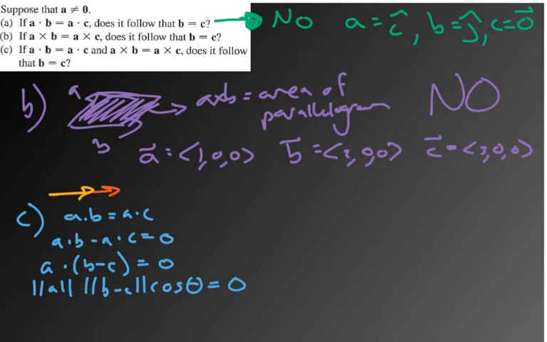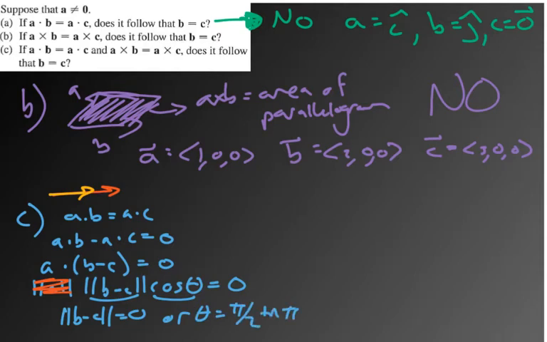We're given that A doesn't equal 0, so that is not the term that gets us 0. So either the magnitude of B minus C equals 0, or theta equals pi over 2 plus n pi. That's all we know from that part.